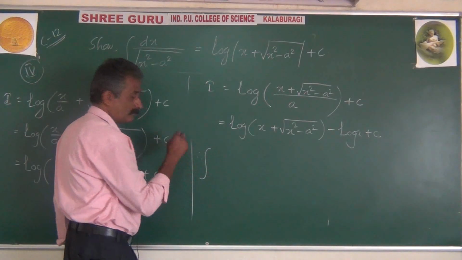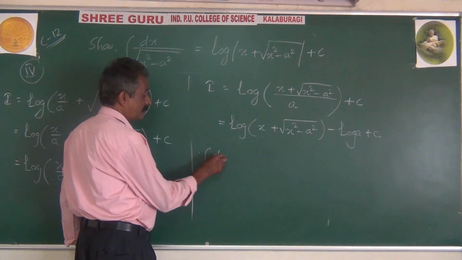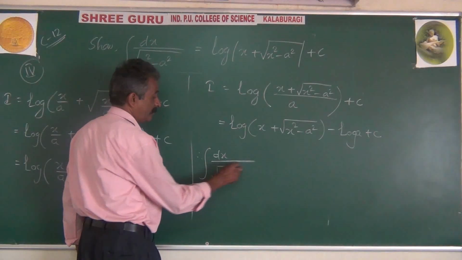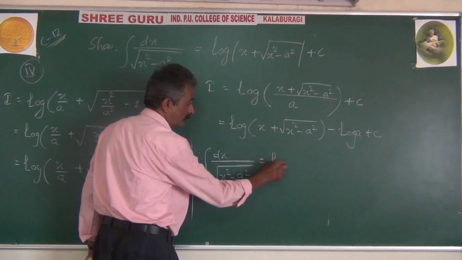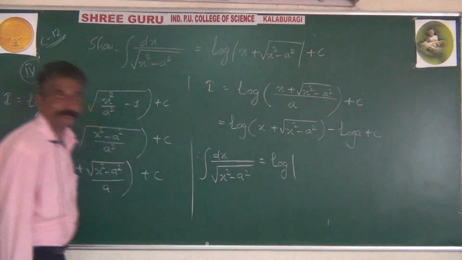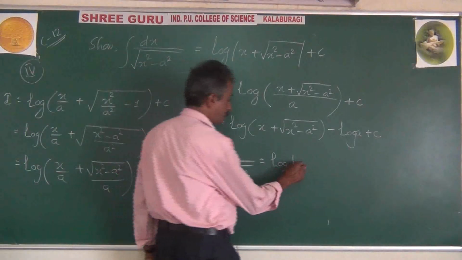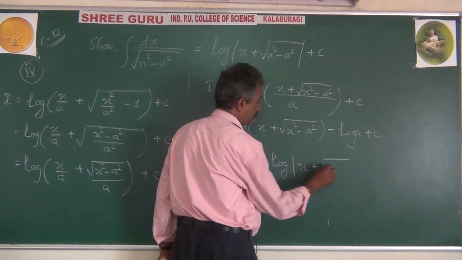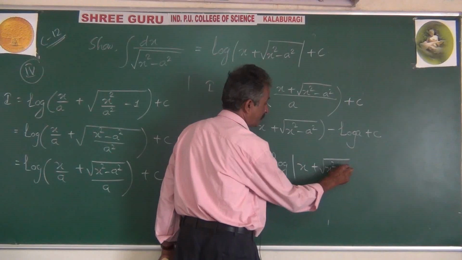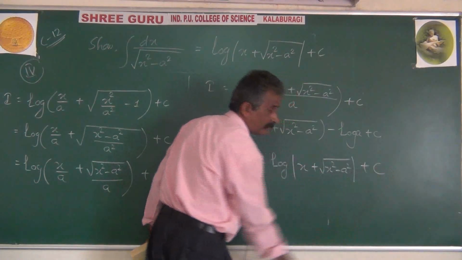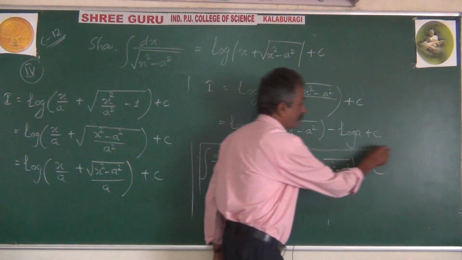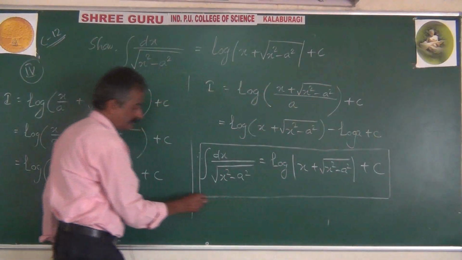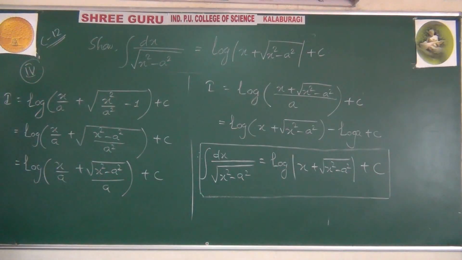So finally, what we get is that integration dx by root of x square minus a square equals to log modulus, understood, log of modulus of x plus root x square minus a square, and c minus log a written as some other constant, say somewhat big C, that is capital C. This is a standard integration and most useful in the coming types of problems.